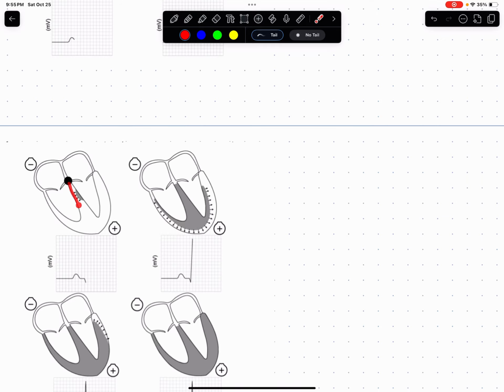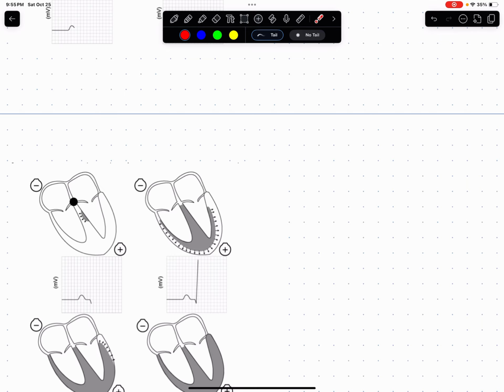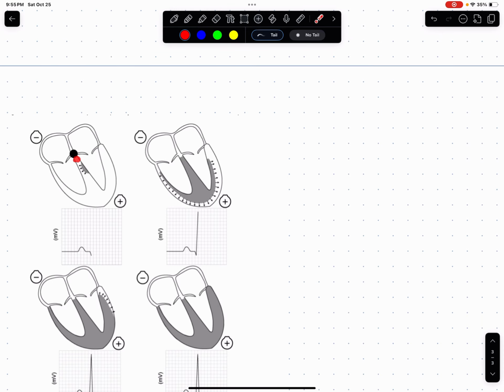Now it's going to send it down the branches from the bundle of His, down the branches and into the Purkinje fibers. So it sends it down, which again, if we have a negative terminal and a positive terminal, I don't think I explained this already, so this is a great time to do it.